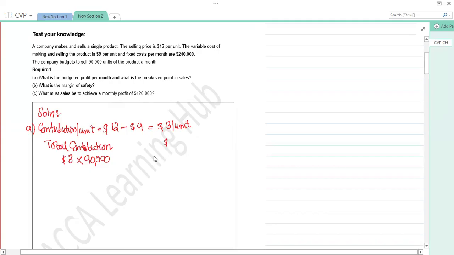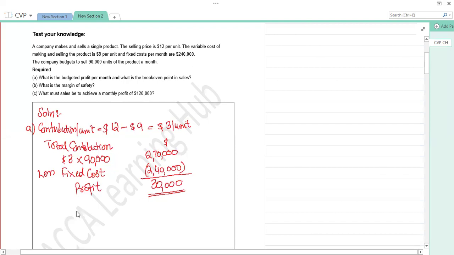So your total contribution is 2,70,000, less fixed cost, that amounts to 2,40,000. So you will get your profit of 30,000. This is your profit.